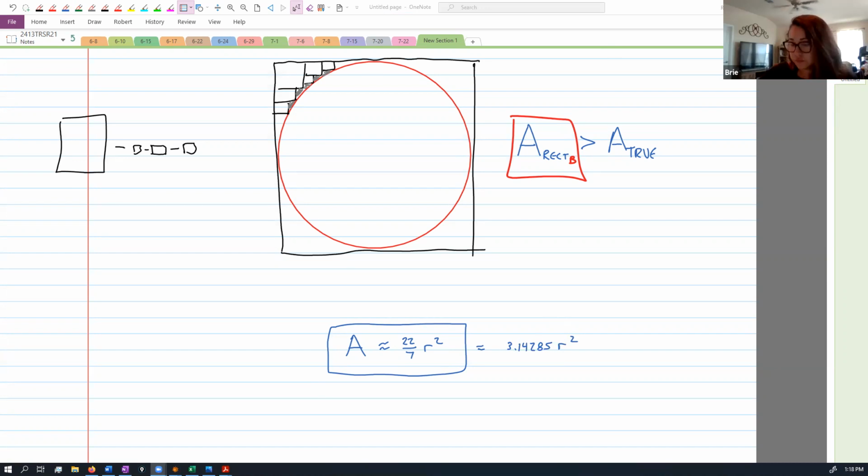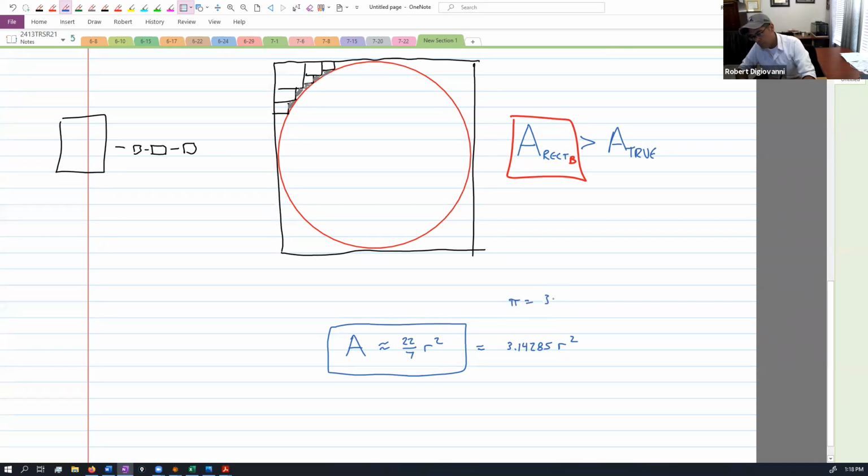Where pi is actually, pi is approximately 3.14285. Oh, wait, sorry, that's not right. I was like, wait a minute, I'm writing the same number down. Pi is 3.1415927.